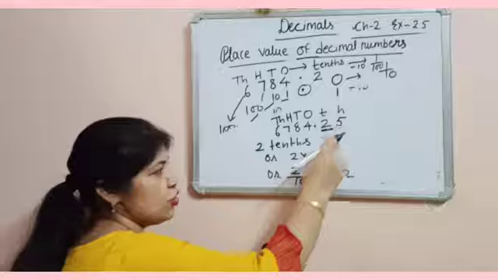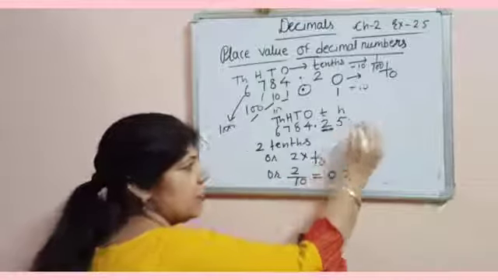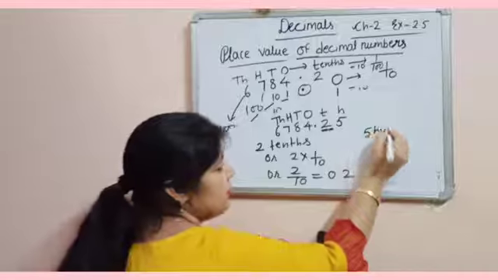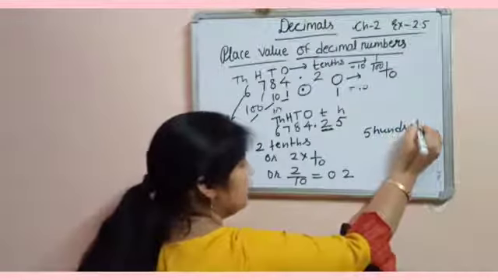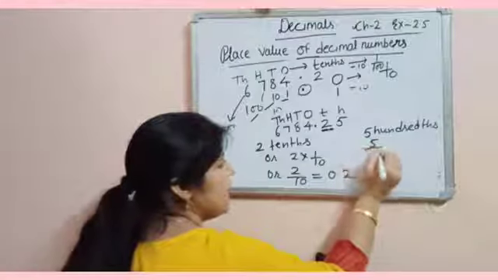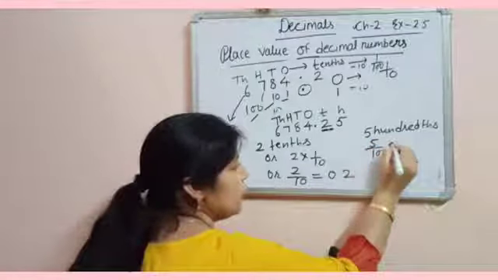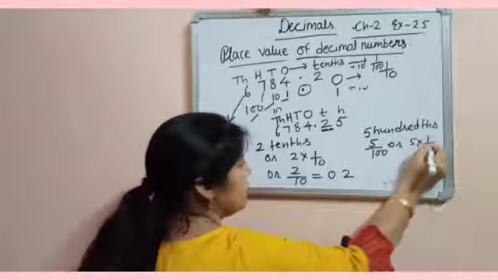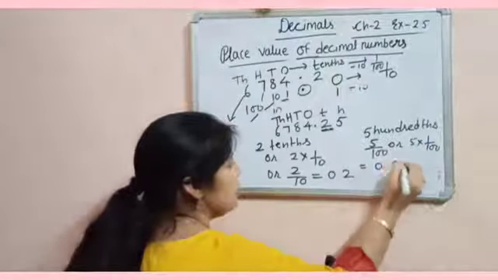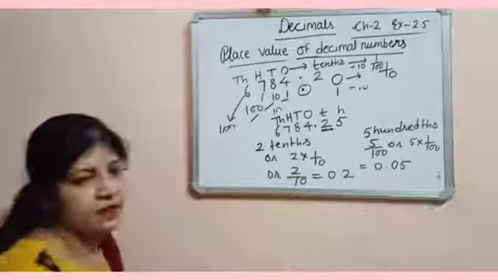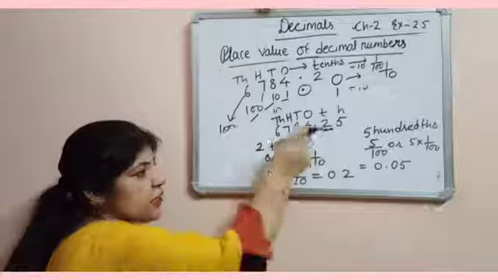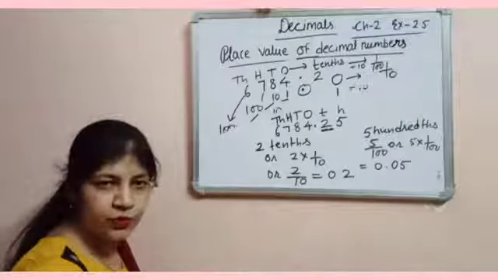Similarly, the position of 5 is at the 100th position, meaning 5 hundredths, or 5 by 100, or 5 into 1 by 100, or you may write it as 0.05. This is the place value of 5 and this is the place value of 2. Is that clear?